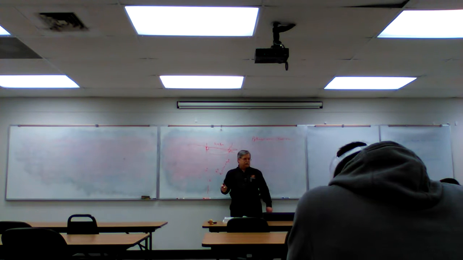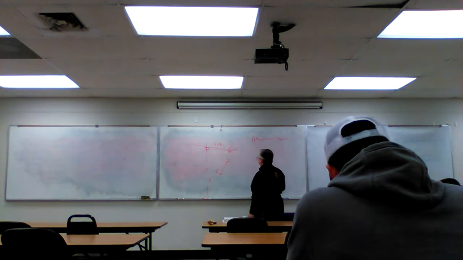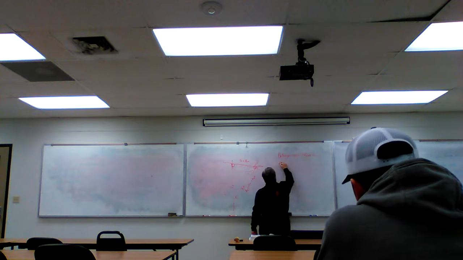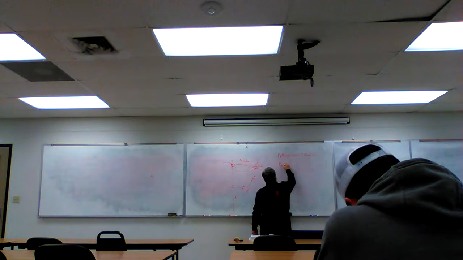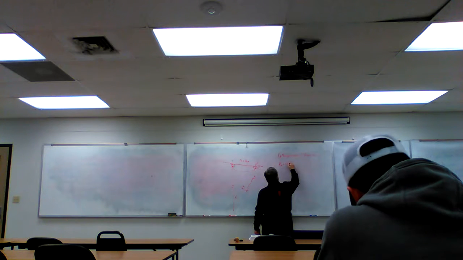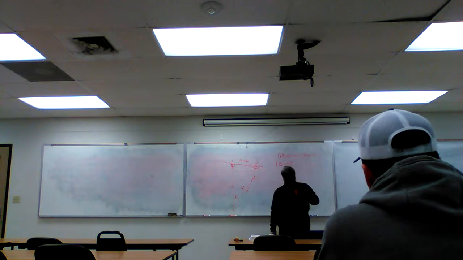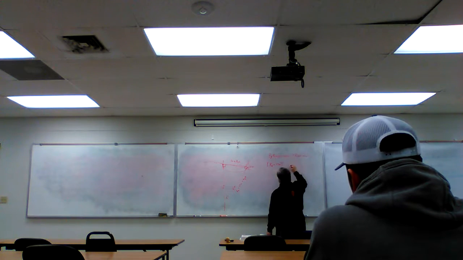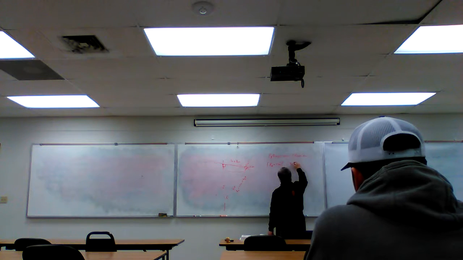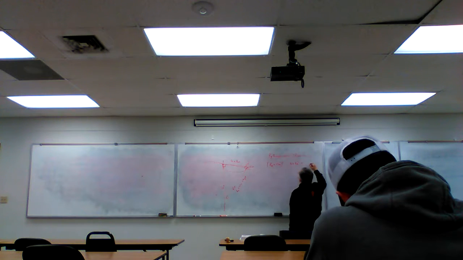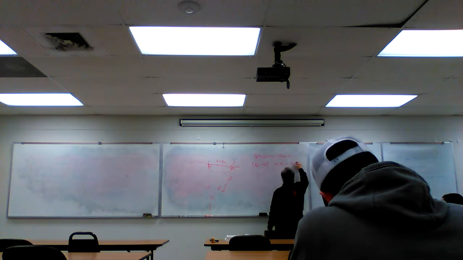What does Pythagorean's theorem tell us? A squared plus B squared equals C squared. We know that the radius of the Earth plus 1.5 meters, squared, is equal to 4.4 kilometers squared plus the radius of the Earth squared.